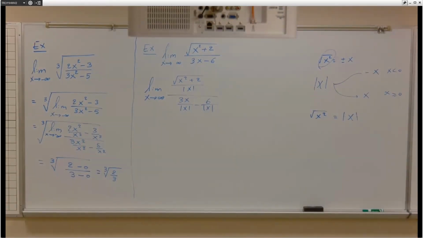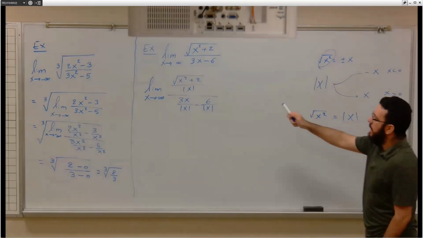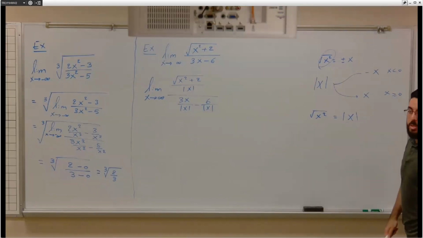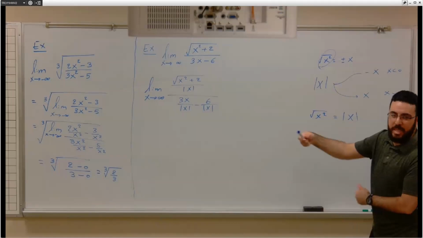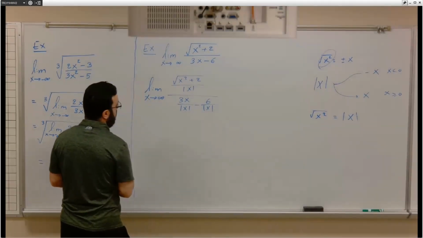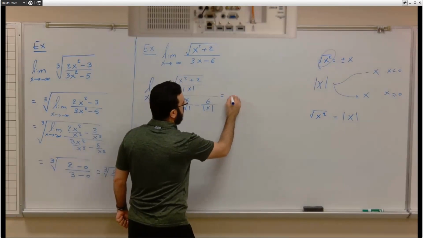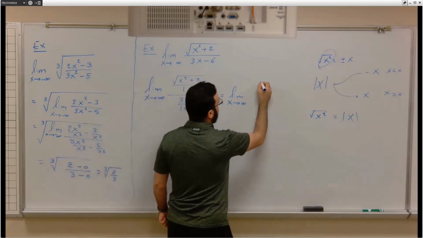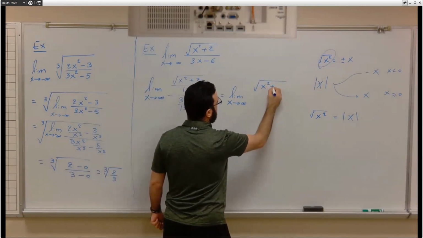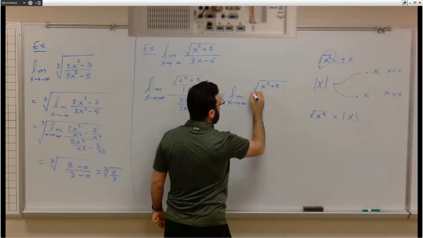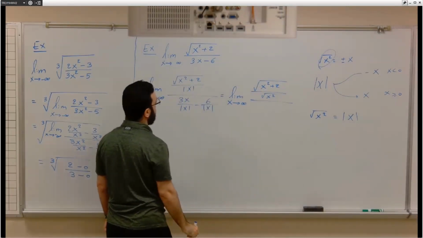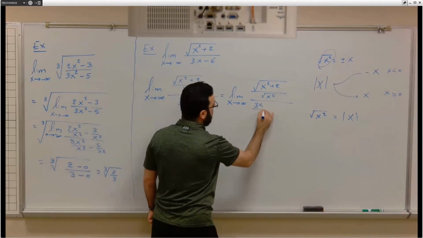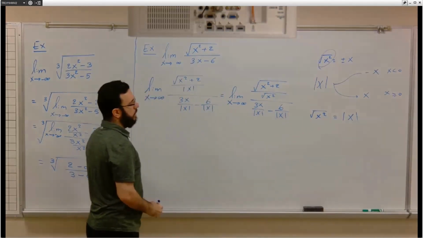Now it's easier to work on because I already know the absolute value of x is equal to x. So I can put the square root under one root. This equals the limit as x approaches infinity of the square root of x squared plus 2 divided by the square root of x squared, and everything divided by 3x over the absolute value of x minus 6.